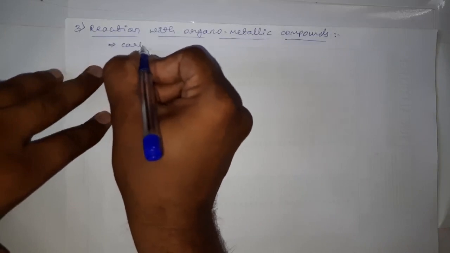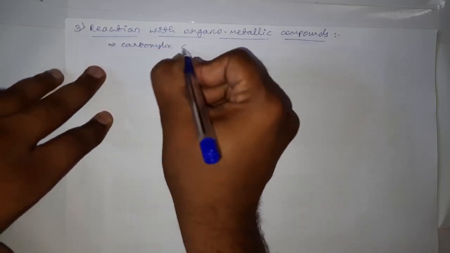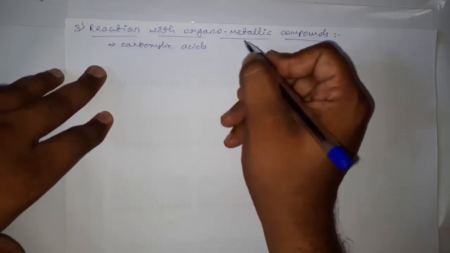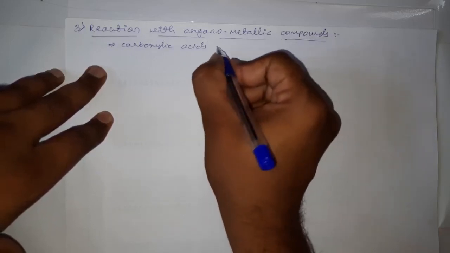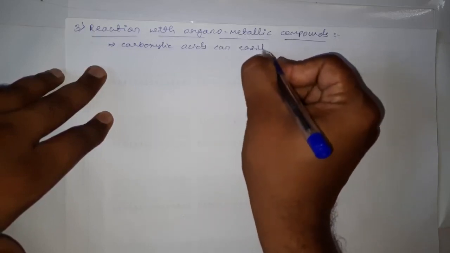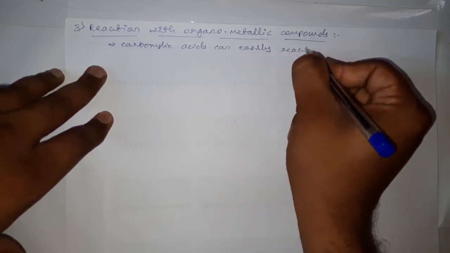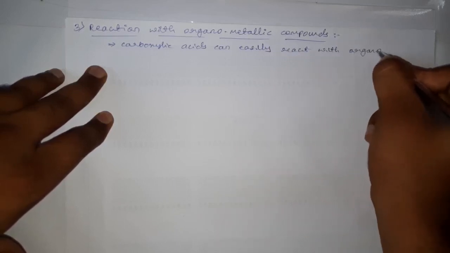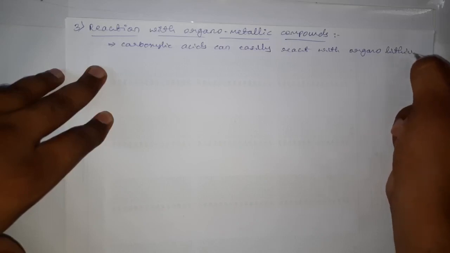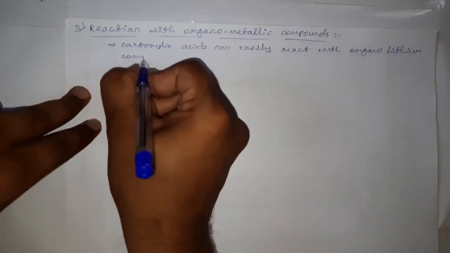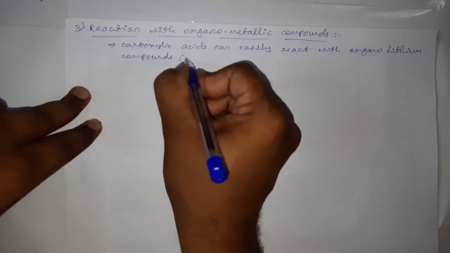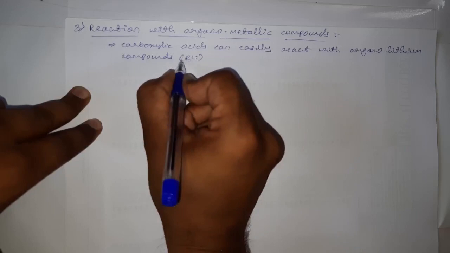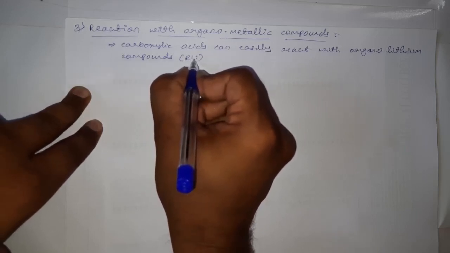When carboxylic acids are treated with organometallic compounds like organolithium compounds, which have the general formula RLi, they easily react. The organic part is capital R, and this is the metal lithium.